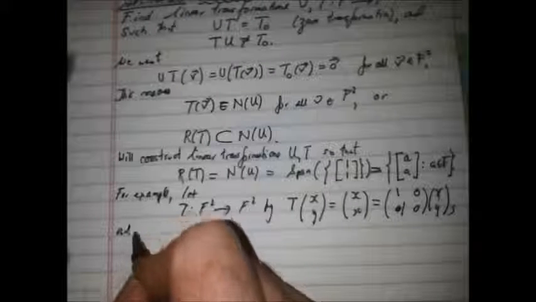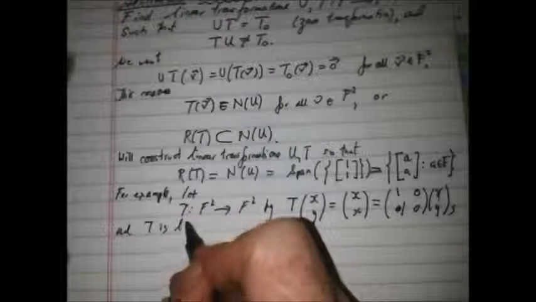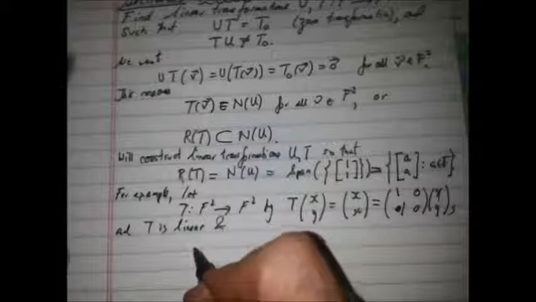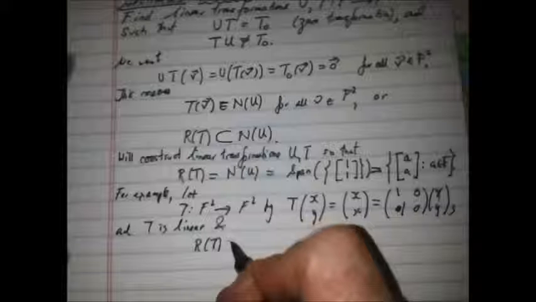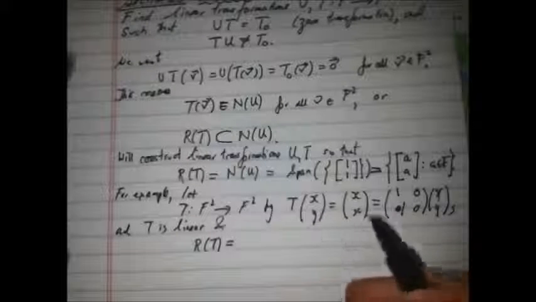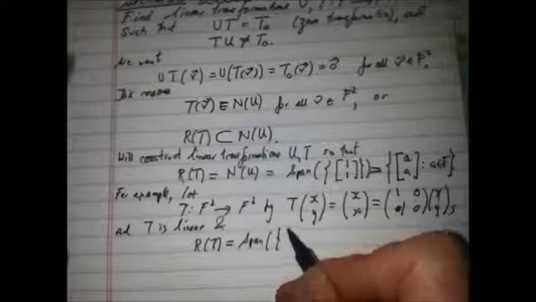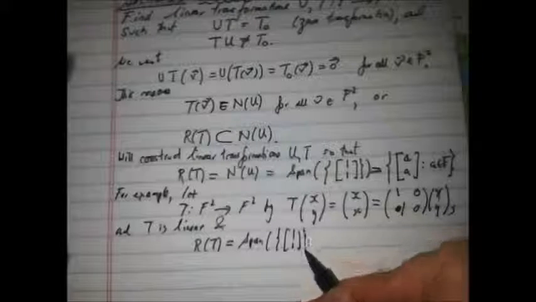Then T is actually multiplication by that matrix, and that means T is linear, and it's not hard to see that the range of T, the set of vectors that look like that, is the span of (1, 1).